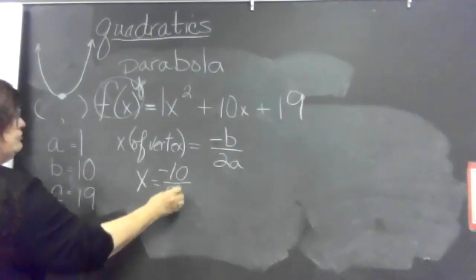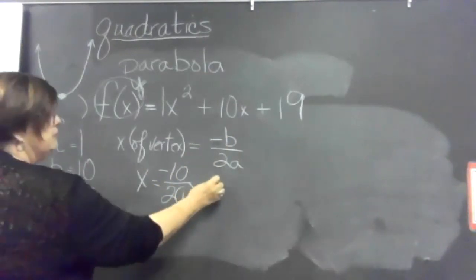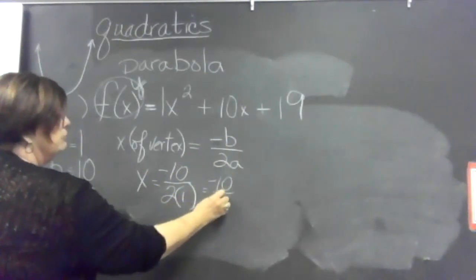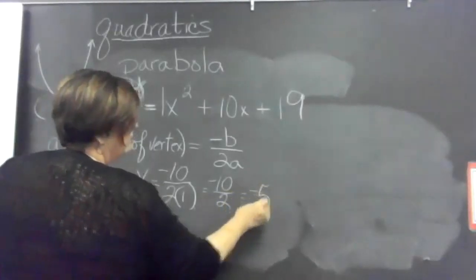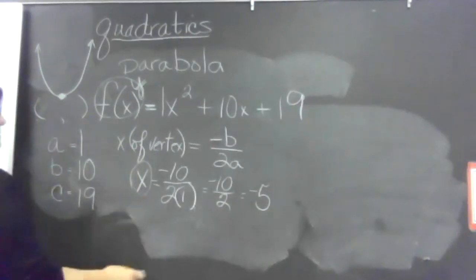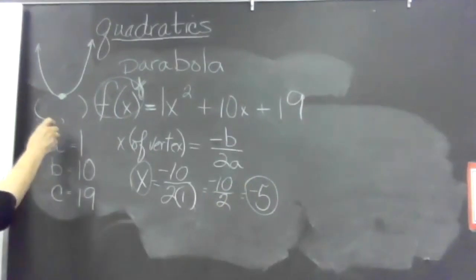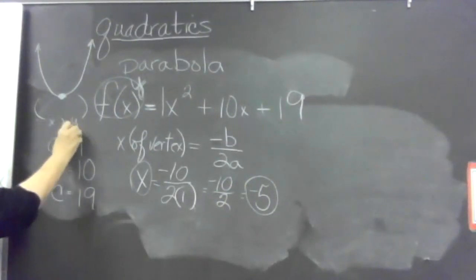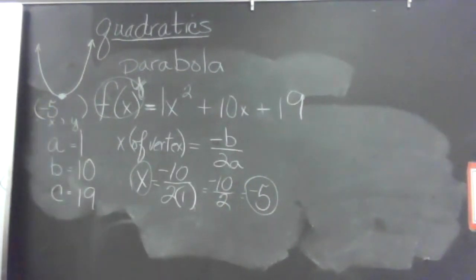And then over 2 times whatever a is, which gives you a negative 10 over 2, which simplifies to a negative 5. Okay? Now we have to remember what we just got. We just found the x of the vertex. So our point has an x and a y. We're going to have to find both of them. So negative 5 is the x part.